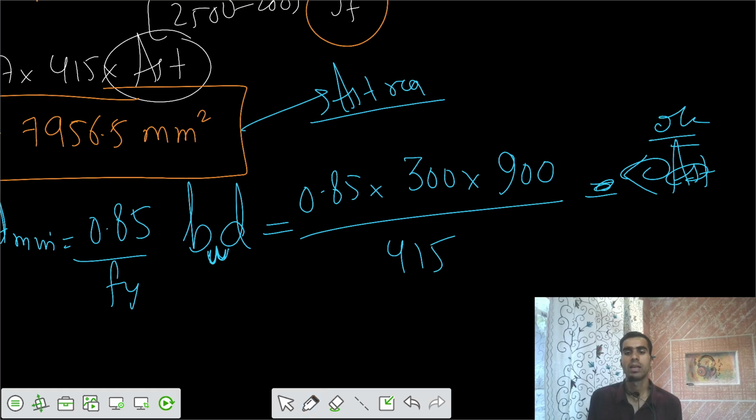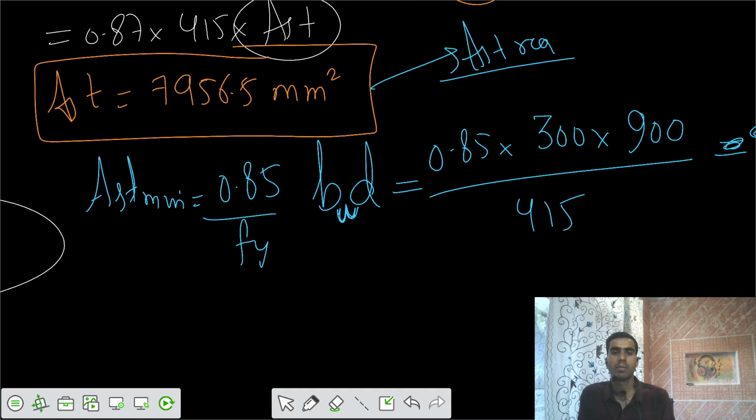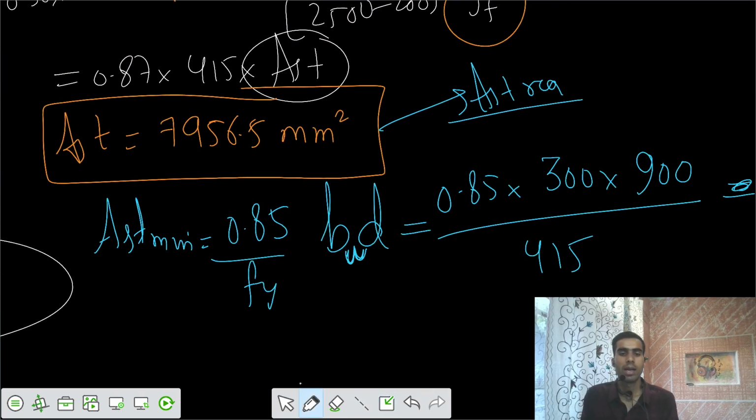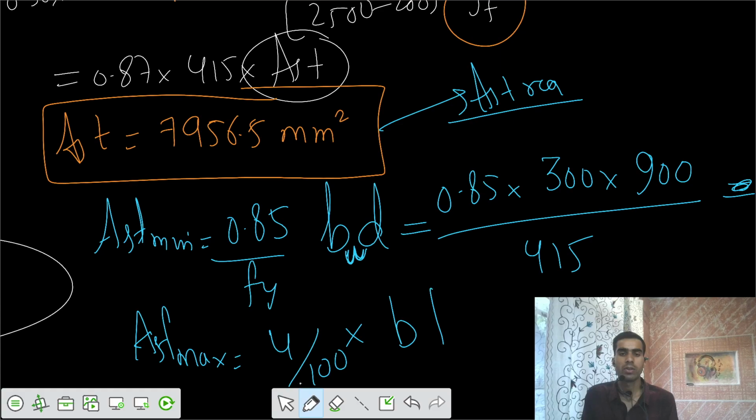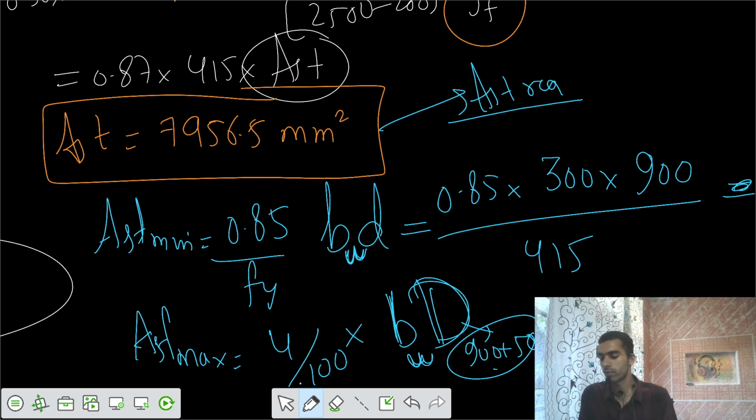That means the AST provided would be more than the limiting minimum value, and AST maximum is equal to 4% of B into D, where B is the width of web and D is small d plus effective cover. This is 900 plus an effective cover of, let's say, 50. We can assume 50.